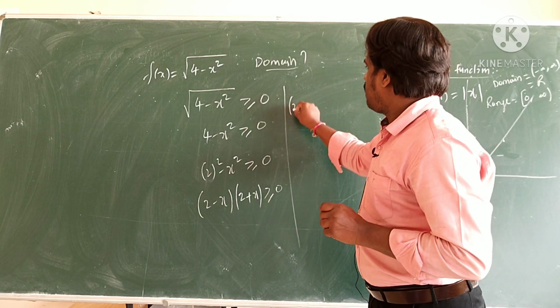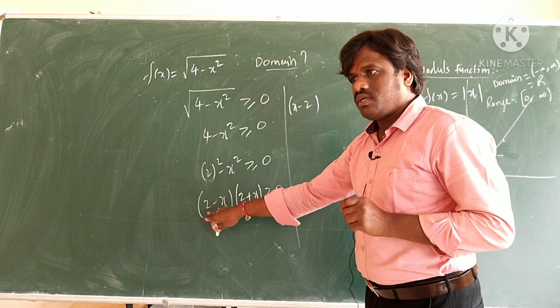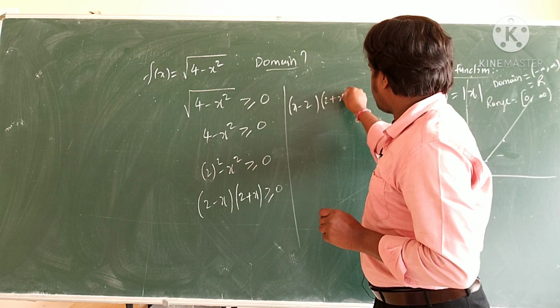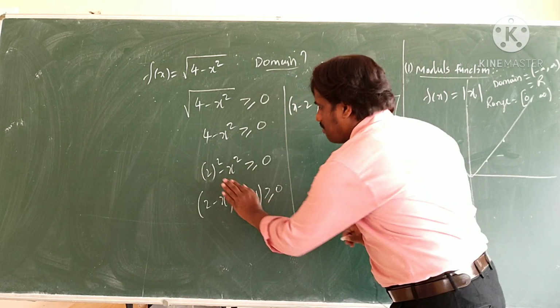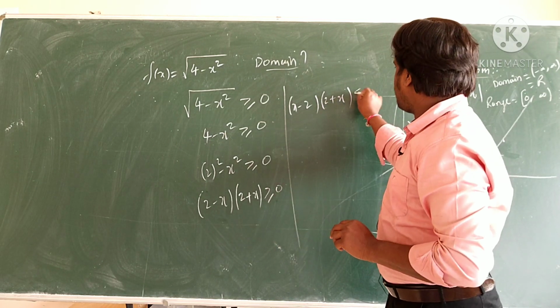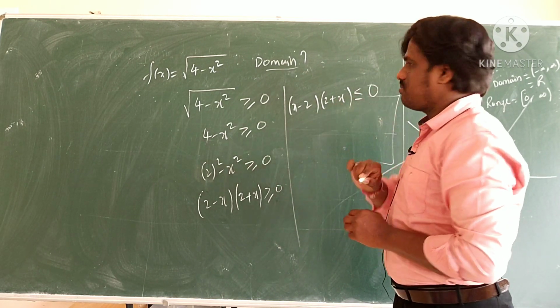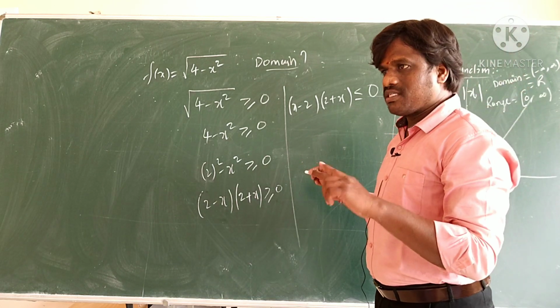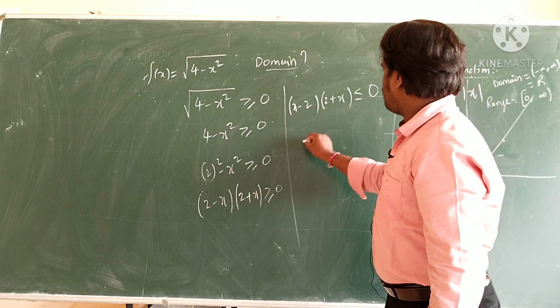I get (x minus 2), and next (2 plus x), and the inequality changes to less than or equal to 0. Understood? 0 into minus 1 is 0. You got this one?